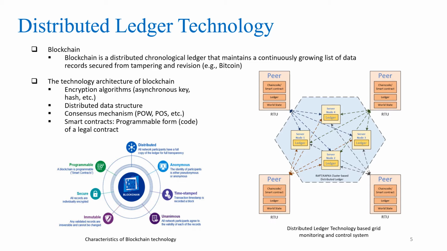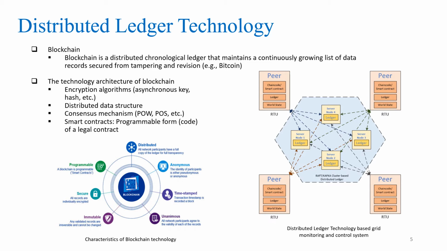This chain code should be identical for all the peers as long as they are connected to one single channel or one single network. They also consist of ledger and world state, which is mainly the log information of each of the transactions that is made by each of these peers as well as the other peers connected to this network. And finally, they are connected to server nodes.